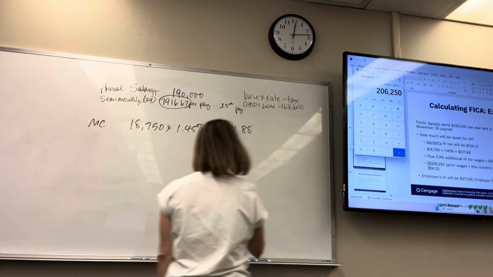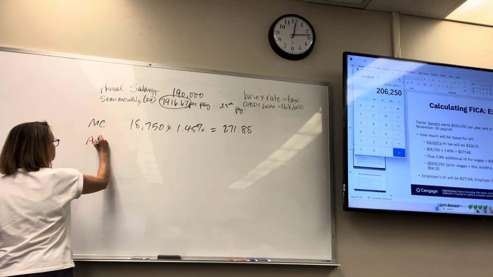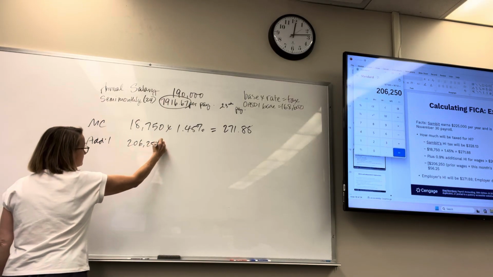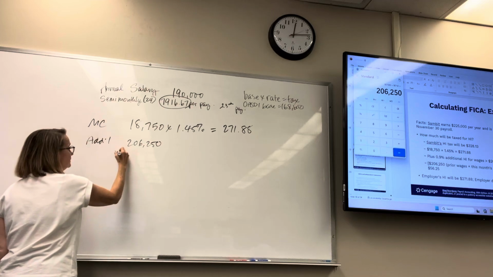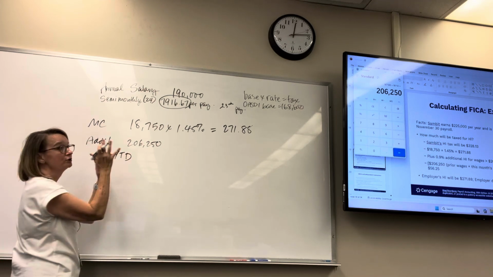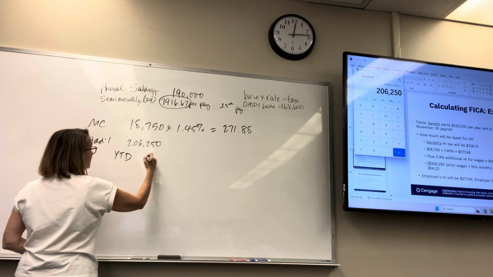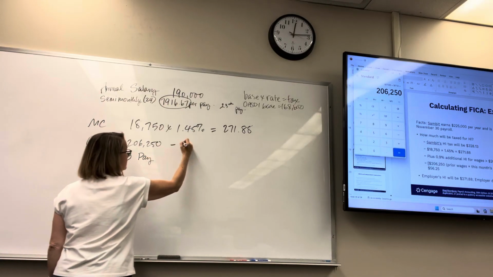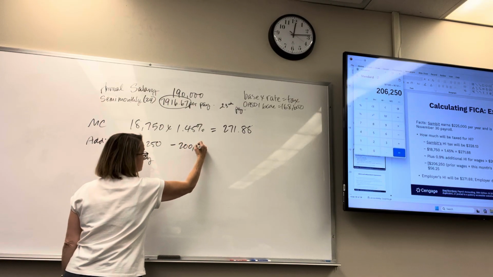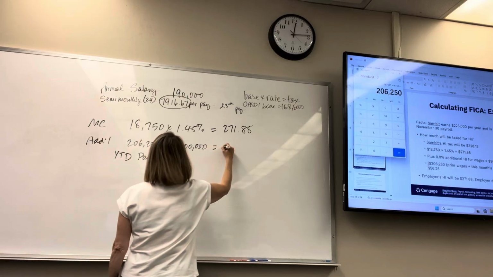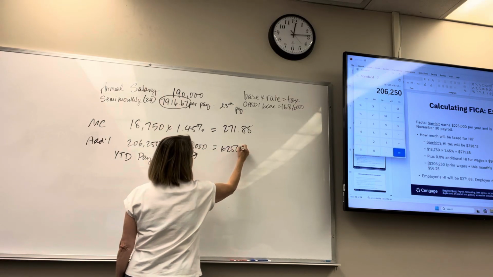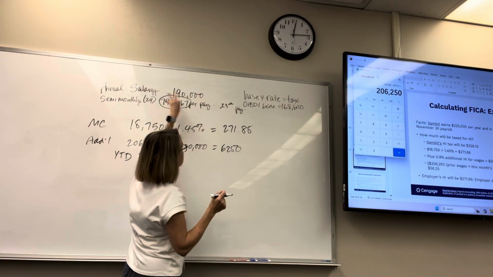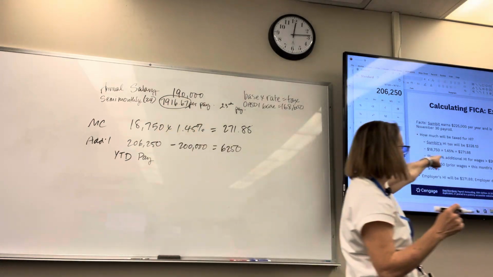So 206,250, so here's our additional. Again, that's our year-to-date pay, including this pay period, minus 200,000, so 6,250. We're using his numbers.